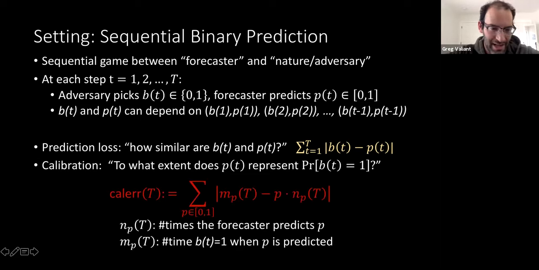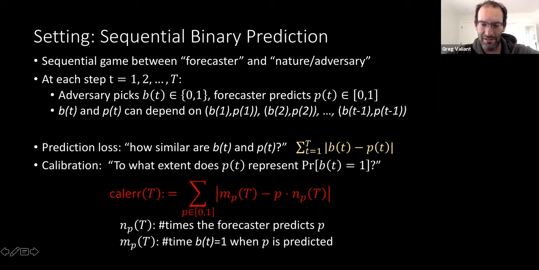Formally, the calibration error is the following. It's a summation over the set of probabilities that we predict. For each probability P that we've predicted, there's a term contributing to our calibration error, and this term is the difference between two quantities.